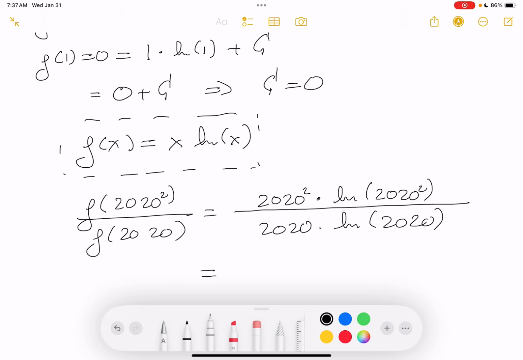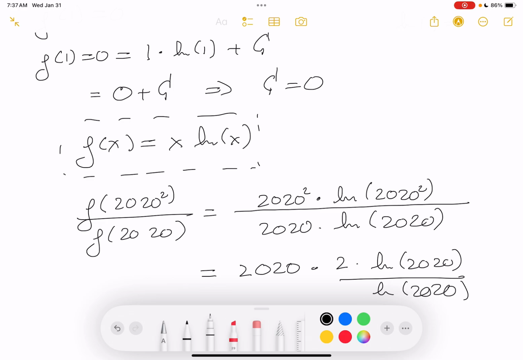I'm going to simplify. The first thing I notice is that 2020 squared over 2020 is 2020. And then I notice this log is going to be 2 times the natural log of 2020. What's on the bottom? The log of 2020.